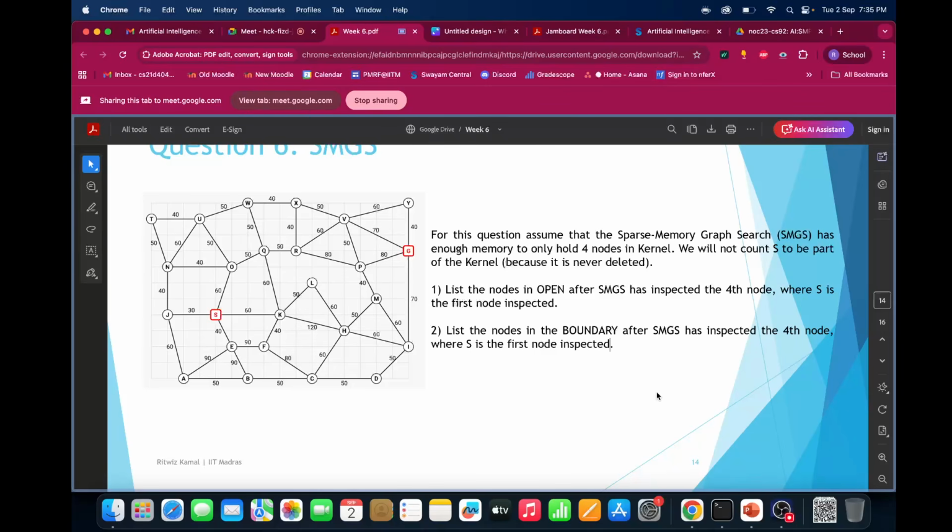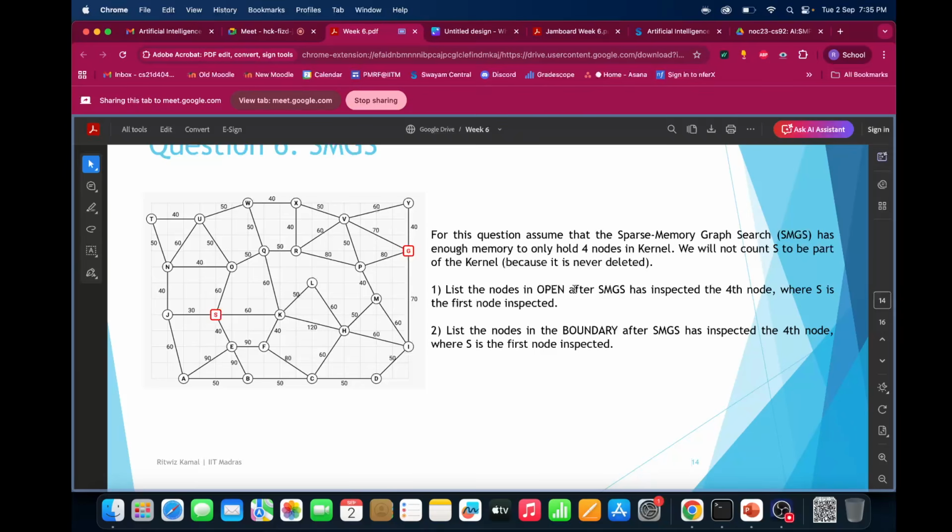It might reach a stage where all the neighbors of the start node are also in the closed list. Ideally S should be in the kernel as per definition, but we will never put S in the kernel because we never want to get rid of the start node. So that is one rule that we have to follow, and then we have to proceed with the rest of the search and keep on expanding nodes in the open.